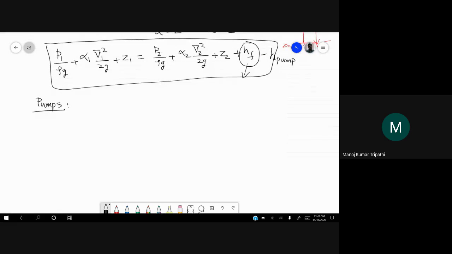Okay, and which are the 2 points where we are writing this, 1 and 2? Where are they? This is point number 1, this is point number 2, and this is the pump.